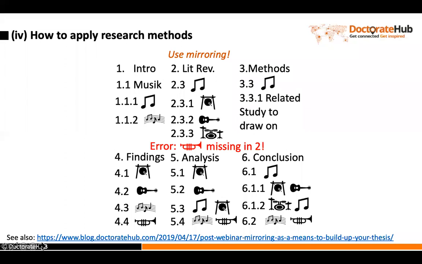Now this is an example using music instruments, and it allows you to immediately see what is missing, what is there, and how things match with each other.